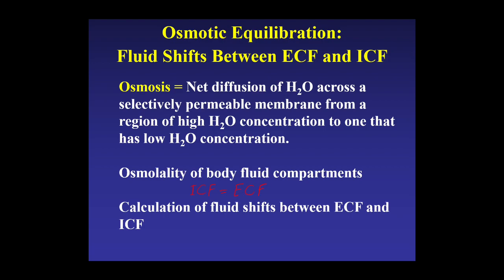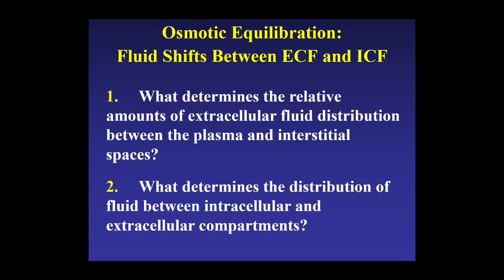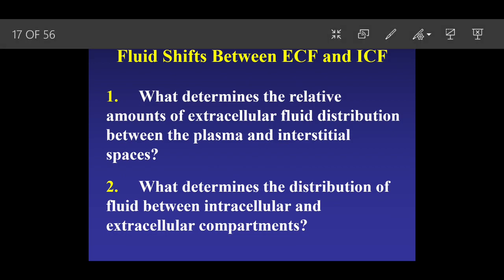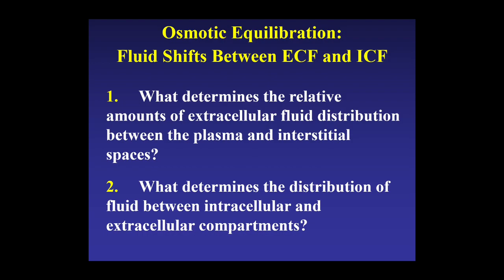Now, what determines the relative amount of extracellular fluid distribution between the plasma and the interstitial space? Does anybody know the answer to this question? Remember, the extracellular fluid compartment is composed of plasma volume and interstitial fluid volume. What determines whether I'm going to have 3 liters of plasma or 11 liters of interstitial fluid?